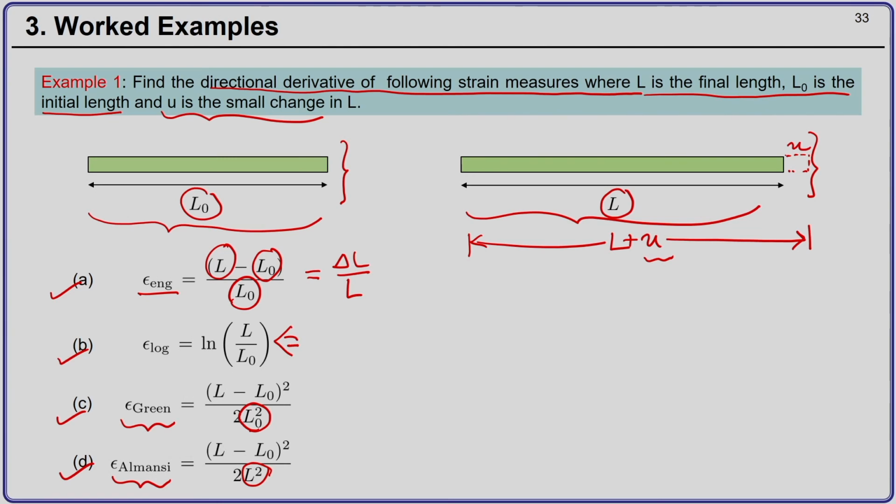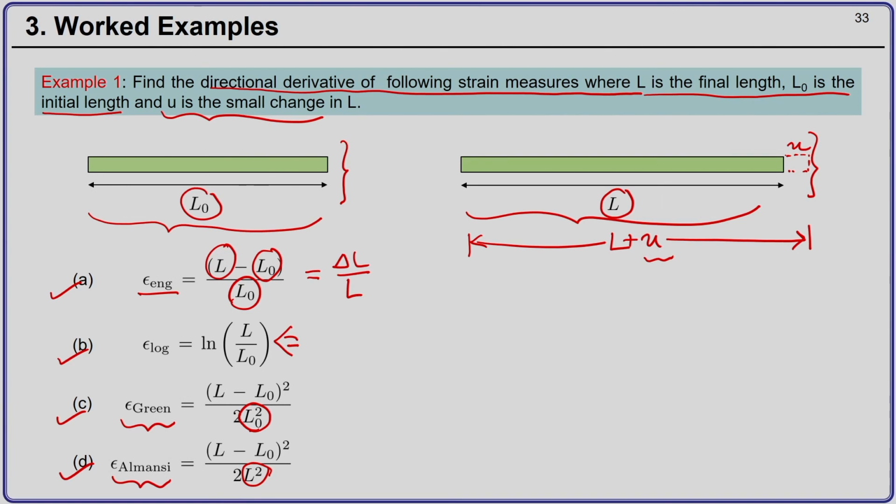You would recall from the concept of directional derivative that the final value of the quantity, if you expand using Taylor series, will be the initial value plus the change. Now we actually want to compute that change, which is nothing but the directional derivative.